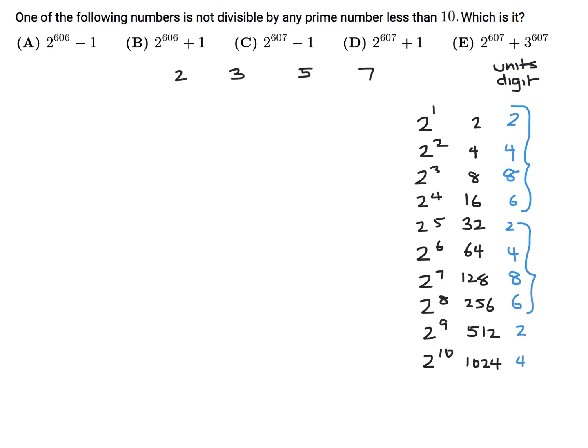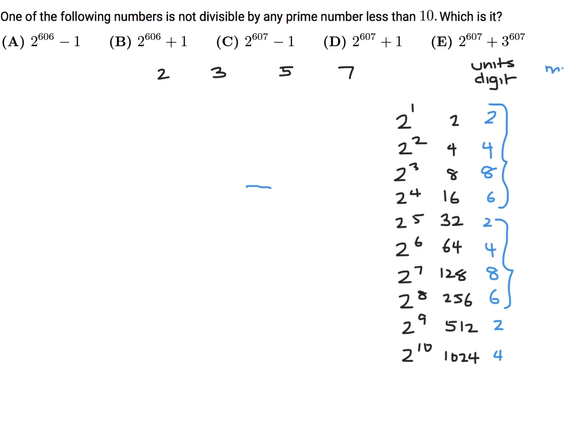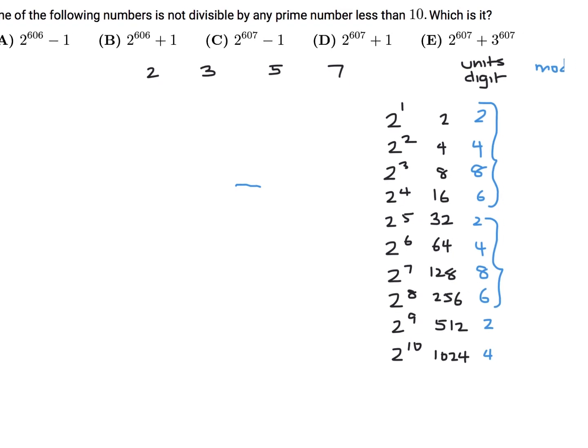So that's helpful, because it allows us to figure this out in terms of a mod question. For those of you familiar with mod, it just means the remainder. So for example, what would be mod 3? When you divide by 3, this will be 2, then 4 divided by 3, the remainder is 1. 8 divided by 3, the remainder is 2.